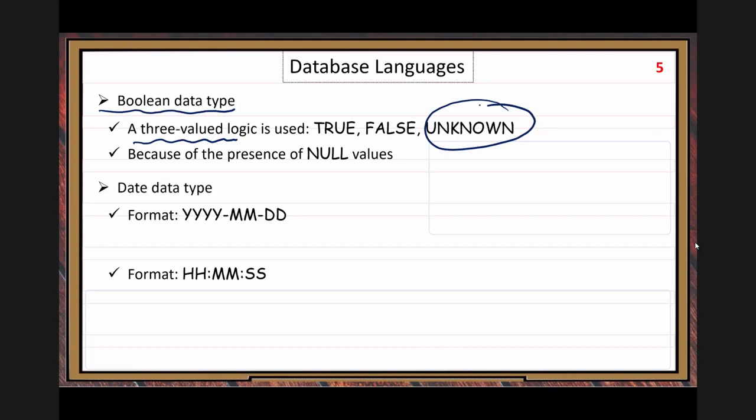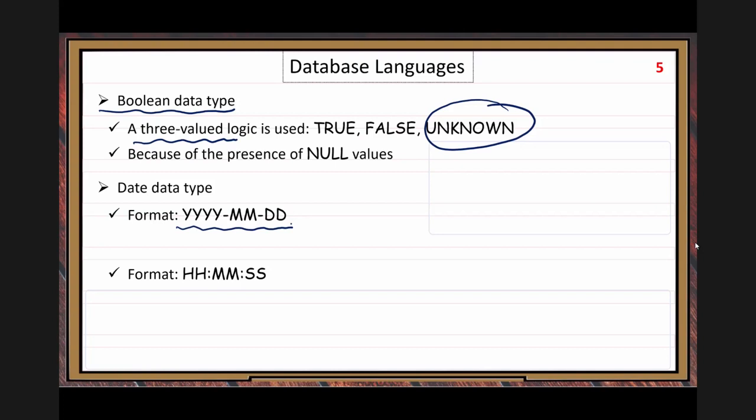Then the date data type. For the date, you use the standard way. We know SQL is an international standard. People from all countries in the world have to use the same SQL standard.